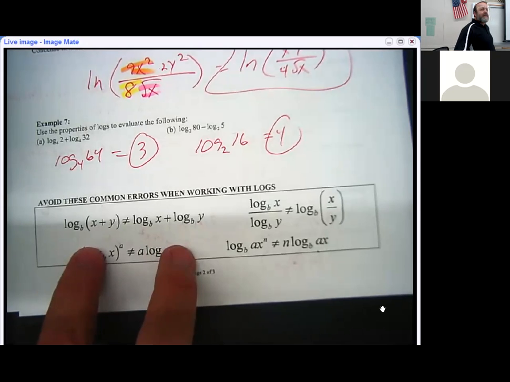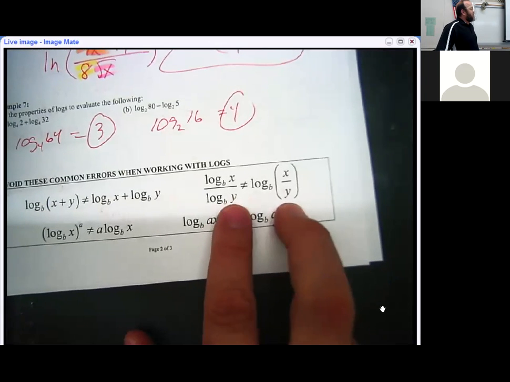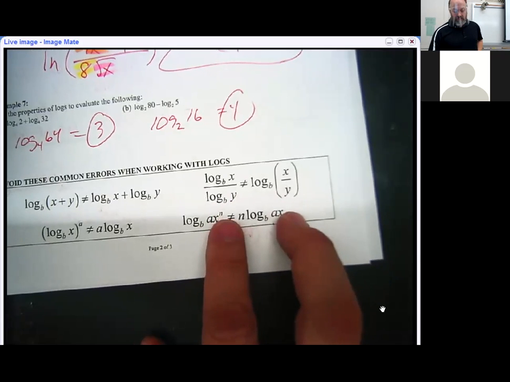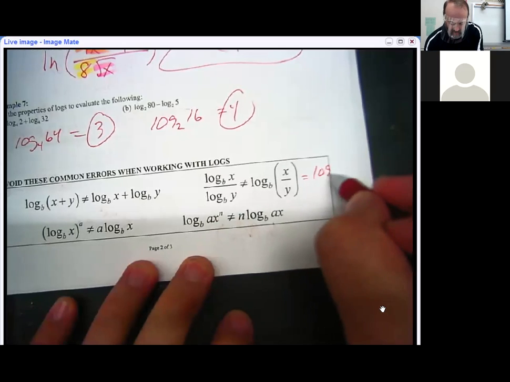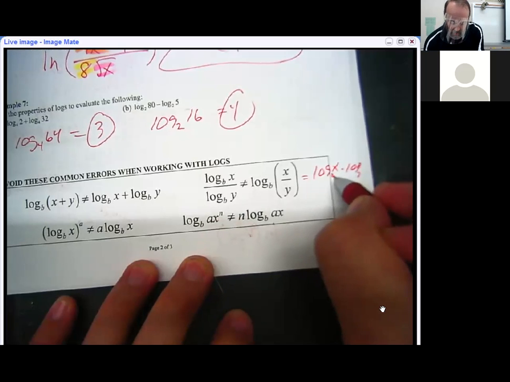It was supposed to be the log of x times y. Same thing over here. Please don't do that. It wasn't the log of x divided by the log of y. It was supposed to be like this, and that's supposed to be the log of x minus the log of y. So you got to be really, really cautious.